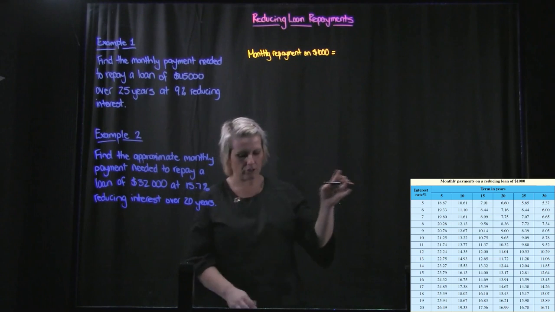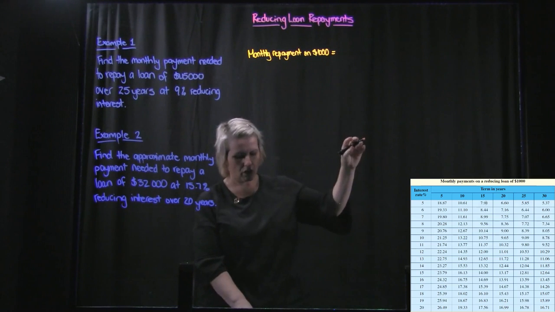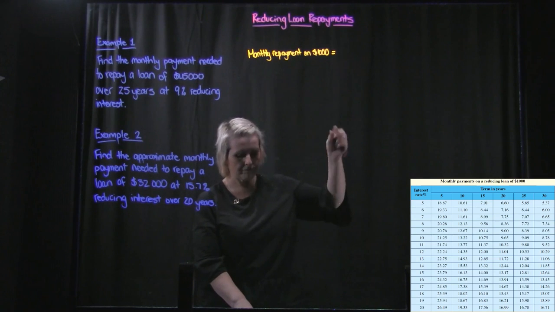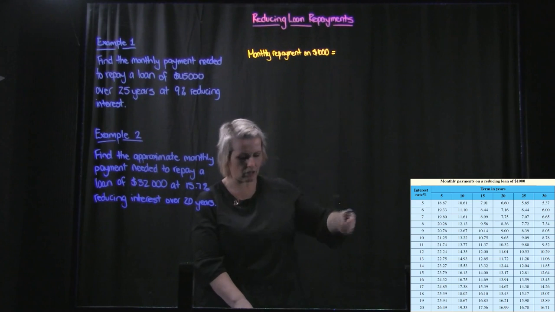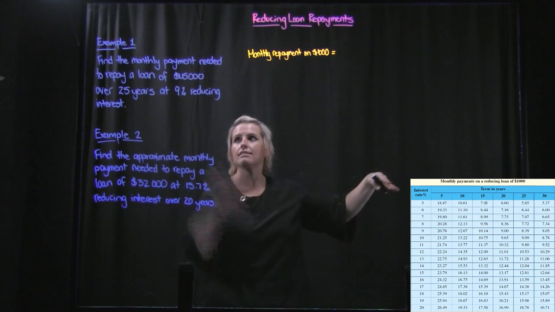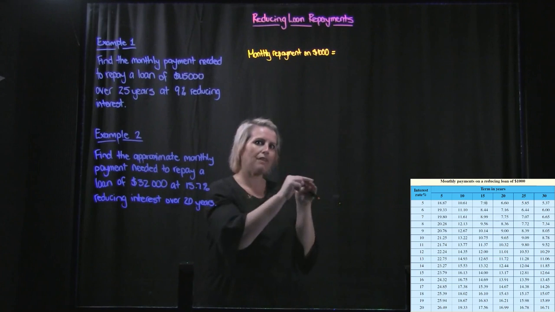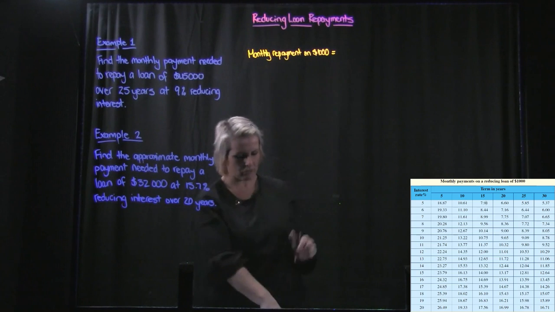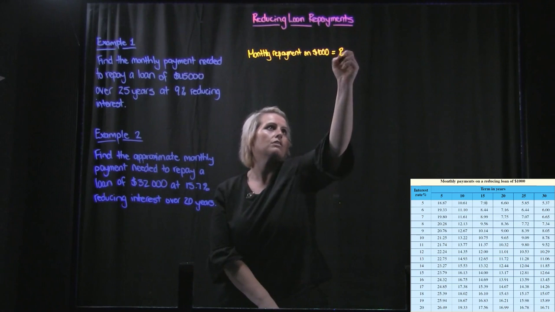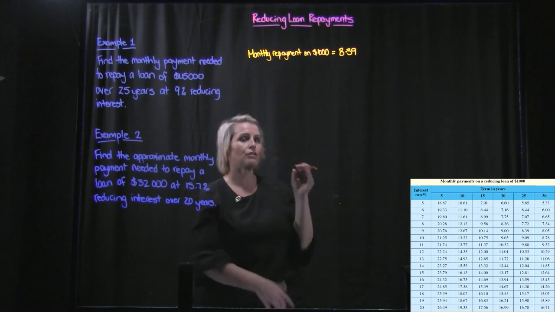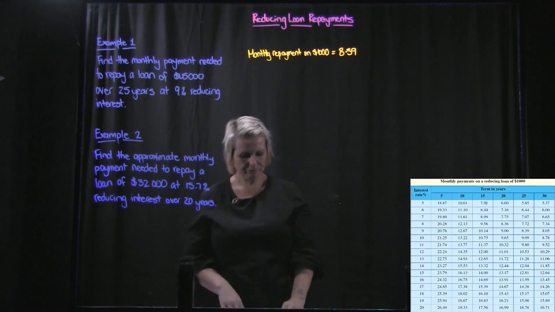I locate the 25-year column along the top and look down that column, then find 9% down the side. Where 9% and 25 years meet, that's the amount. So when I have a look, it's $8.39. For $1,000, my monthly repayment is $8.39.